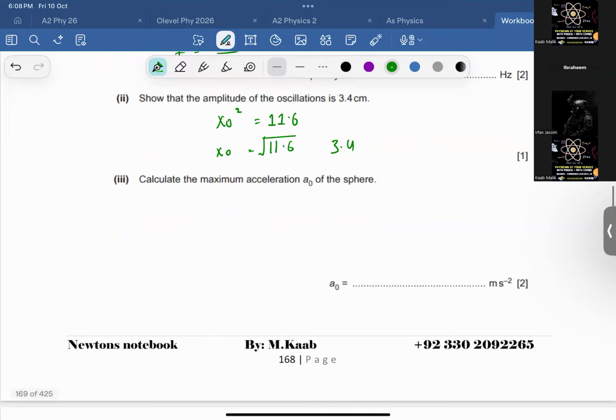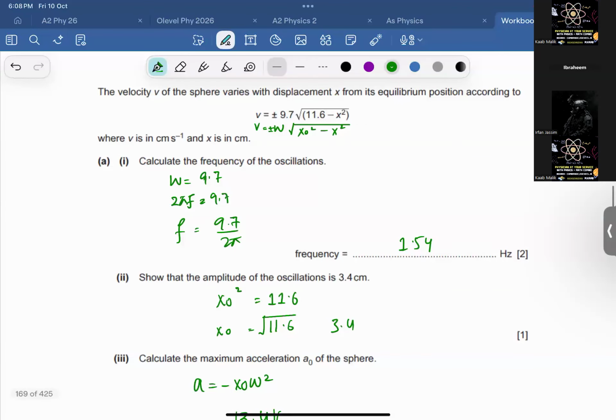Now calculate the maximum acceleration. You know that the maximum acceleration is x naught omega squared. We already found that x naught, the amplitude, is 3.4, and omega is 9.7.